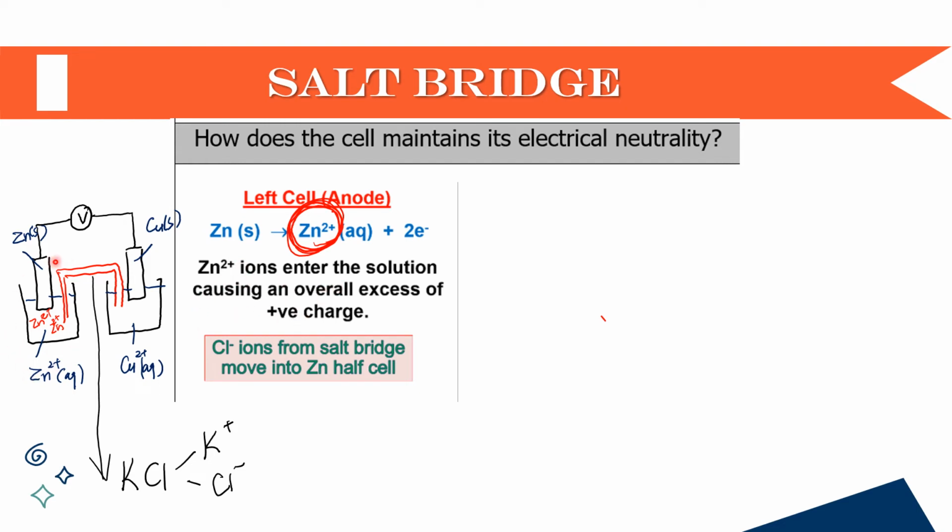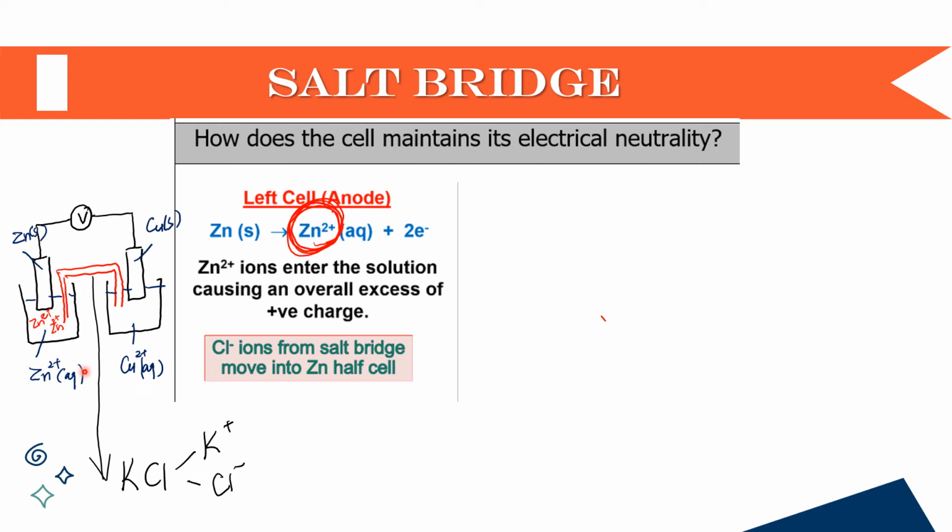The solution becomes more positive. We have an overall excess of positive charge. Initially, we already have zinc 2 plus, the blue color one. When the zinc undergoes oxidation, it produces zinc 2 plus ion, and the new zinc 2 plus ion combines with the ones that are already inside the electrolyte.